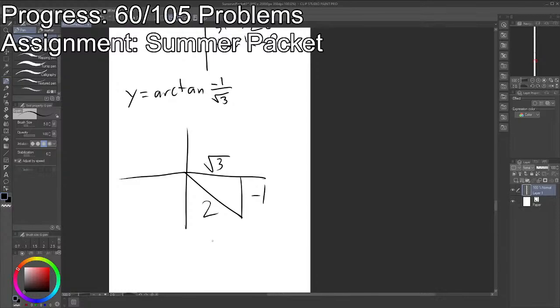Yeah, and then you'd get pi over 6, or negative pi over 6, negative 30 degrees. So it's exactly what I was doing before with fewer steps. Easy. Okay.